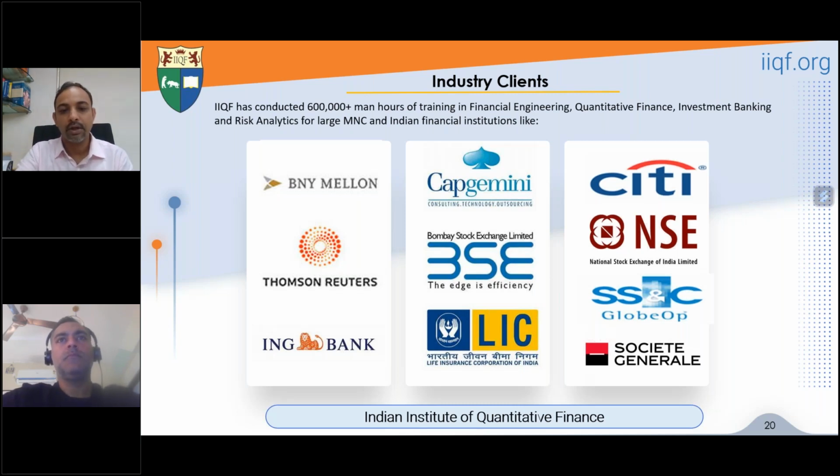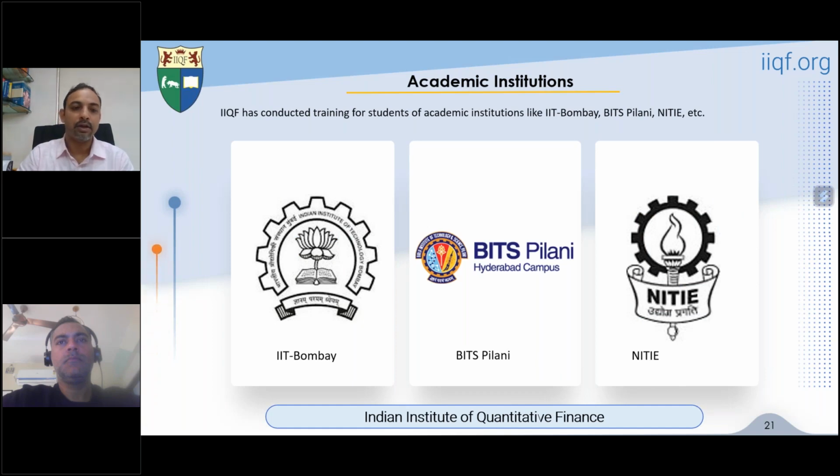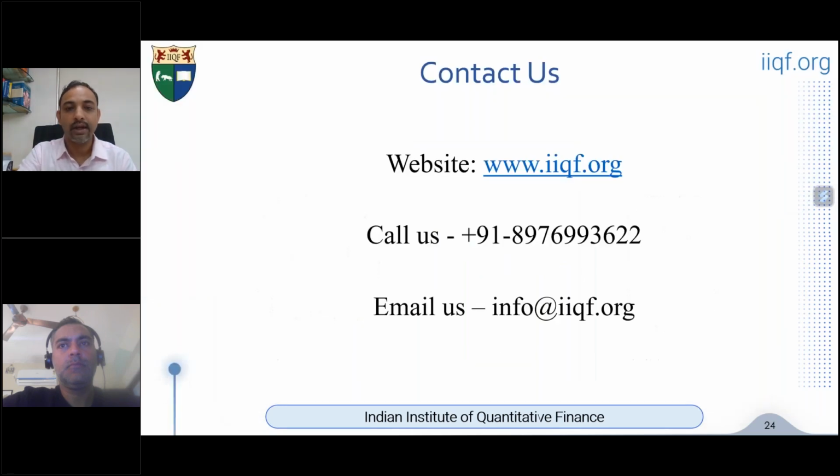And in our overall endeavor to promote quant and machine learning in finance, we work regularly with leading educational bodies as well, IIT Bombay, BITS Pilani, NITIE, to name a few, to encourage the student community to understand this field and join this industry, right?